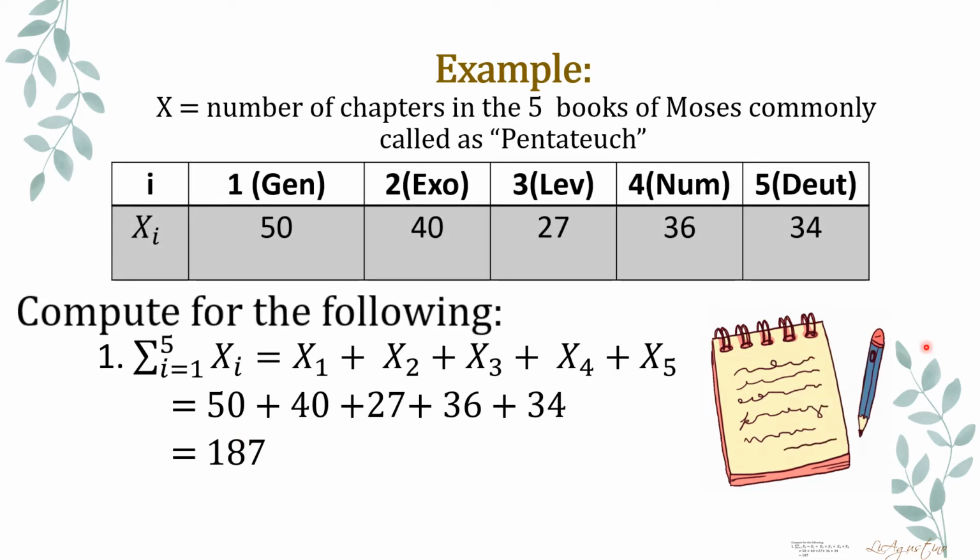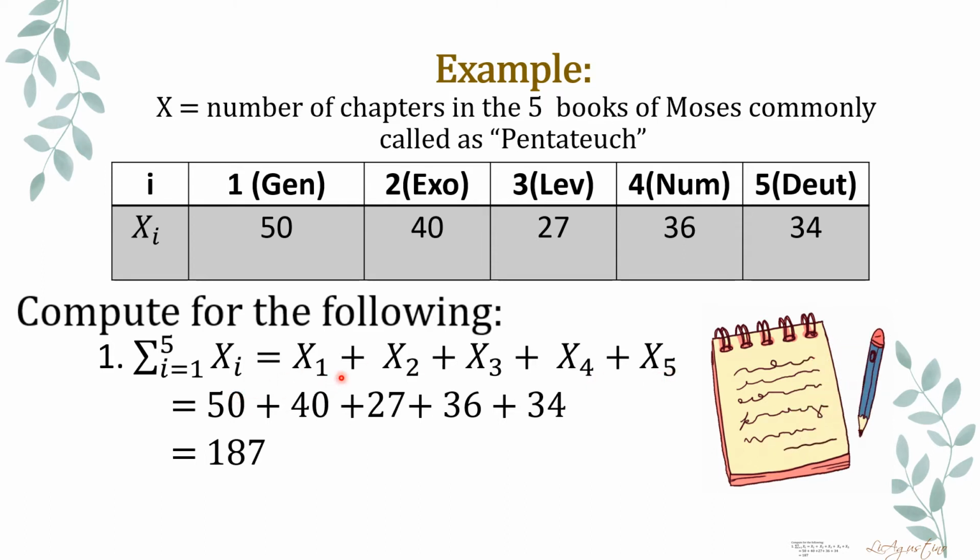The expression is summation of xi, where i ranges from 1 to 5. That means our lower limit is 1 and our upper limit is 5. So using the same term xi, substitute the lower limit: x1 plus x2 plus x3 plus x4 plus x5.